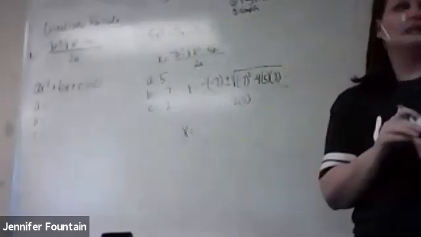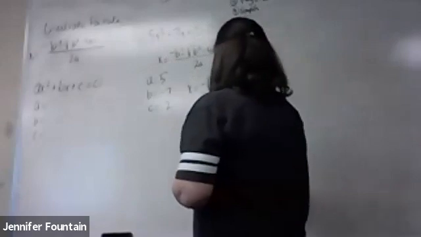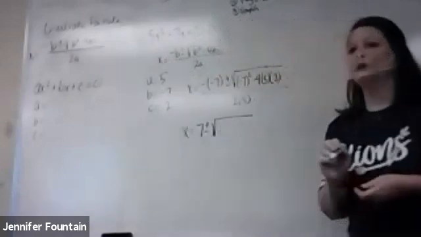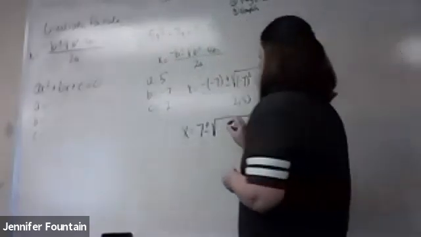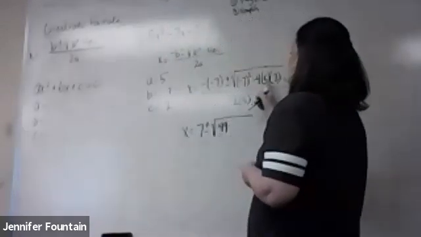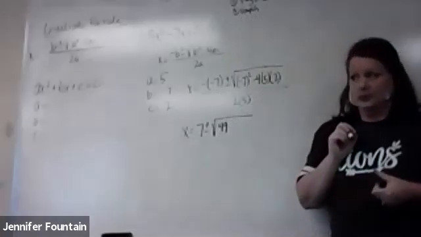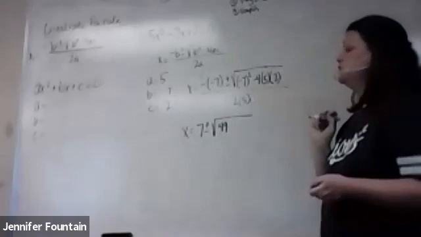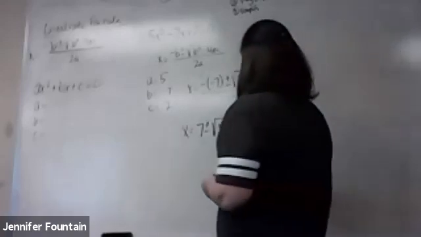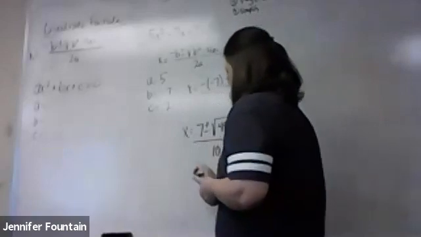Negative negative 7 becomes a positive 7 plus or minus the square root of negative 7 squared, positive 49, good. Negative 4 times 5, negative 20, negative 20 times 2, negative 40, all over 2 times 5 is 10.